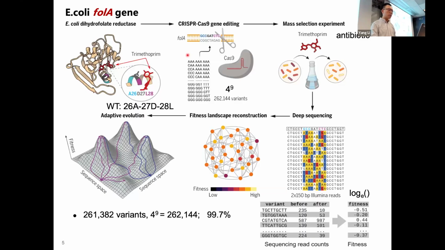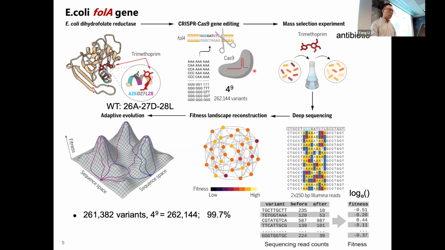So we could create mutant genotypes by CRISPR-Cas9 gene editing and combine all kinds of combinations. Each site has 4 states, ATCG. So there are 9 sites, and the landscape size is 4 to the 9.